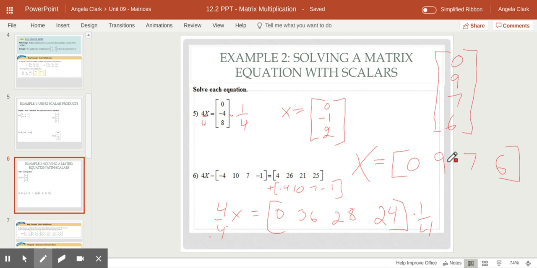And we'll see why they're different in the next part where we're doing matrix multiplication. But these things are not the same, so don't switch the orientation of your matrix in the middle of a problem. That's not good. We don't want to do that. So this would be the answer for this one.